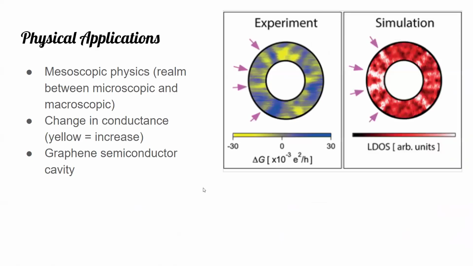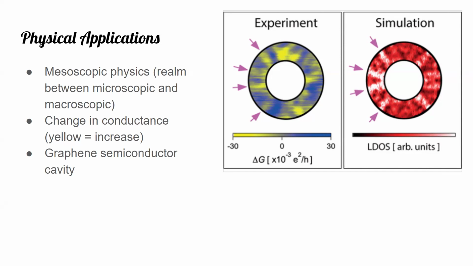And so one of the cool applications of this quantum chaology idea is being used right now in what's called mesoscopic physics. And mesoscopic physics is something that is in the semi-classical region, right? It's the region between microscopic and macroscopic physics where quantum and classical physics are both applicable.